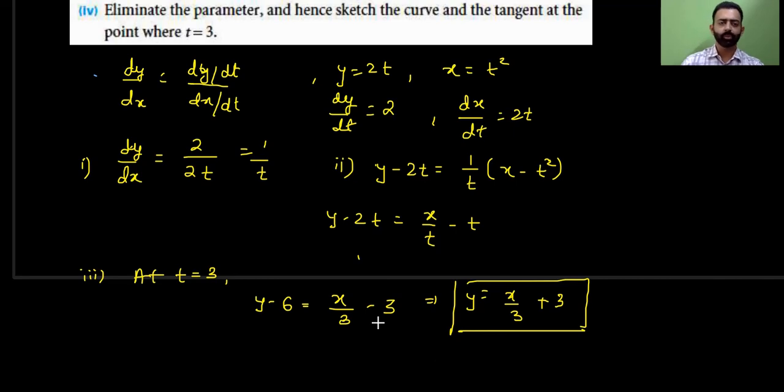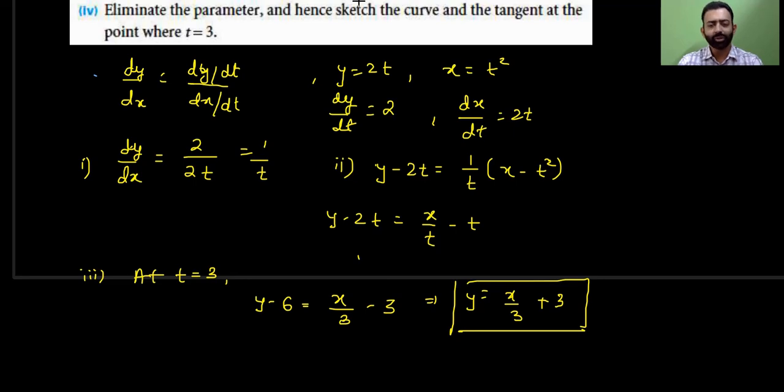Right? Fourth part says that we have to eliminate the parameter, which is t in this case, and hence sketch the curve and the tangent at the point where t is equal to 3, right? So basically to eliminate the parameter t means we have to write the Cartesian equation of the curve, right?